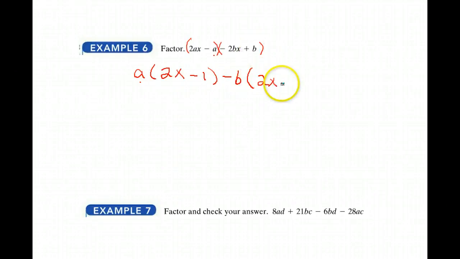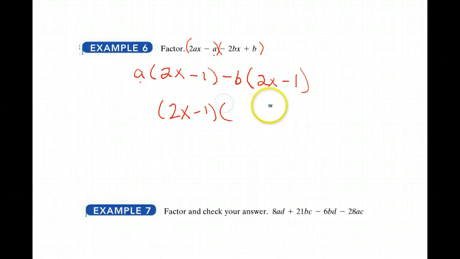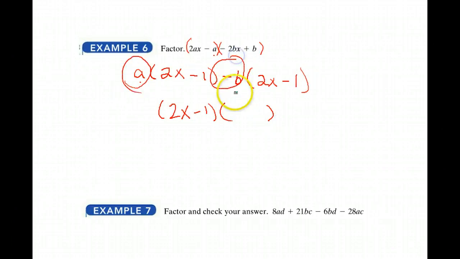Positive b divided by negative b leaves us with negative 1. We have now flipped our signs and we have created an identical group which can be dropped down into our next line. We will make a new group with everything we had remaining, which gives us A minus B.